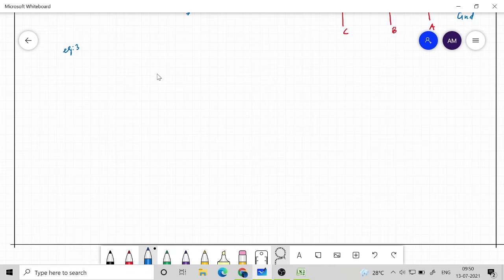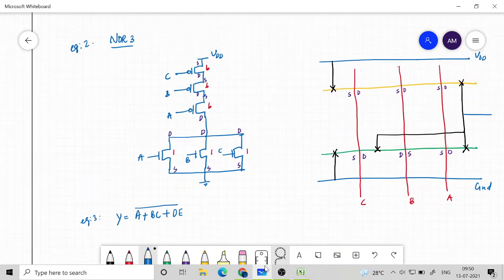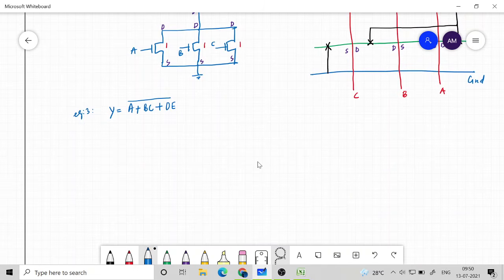So example 3, let's say Y is equal to (A + BC + DE) whole bar. So this is the function that is given to us. So earlier everything was a standard function. Now let's see what happens.